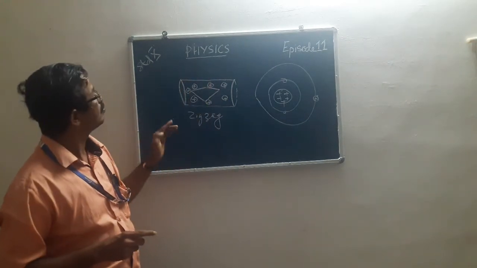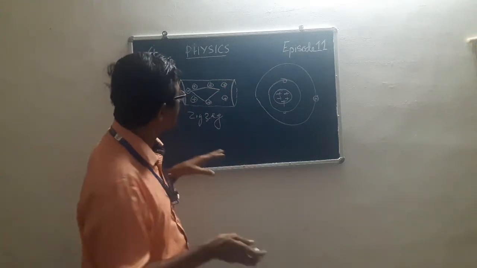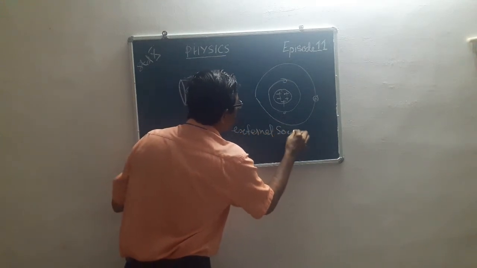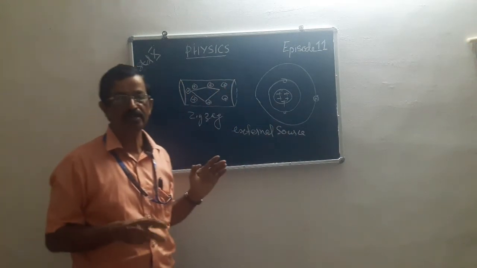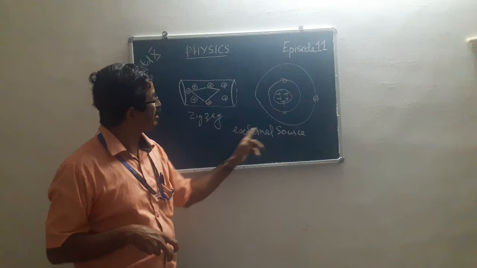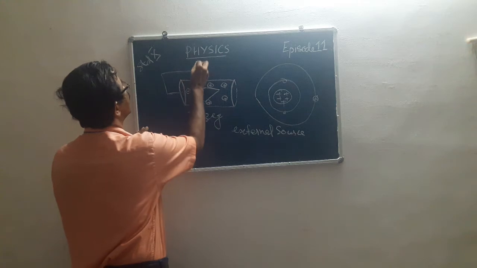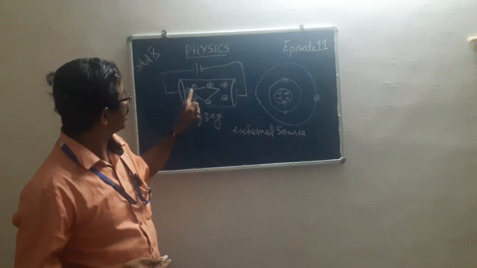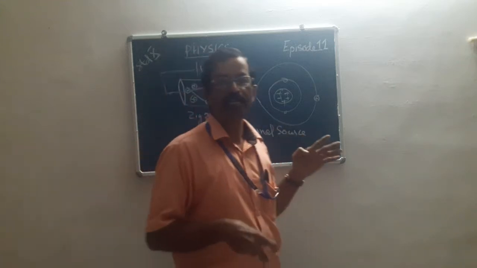But when this metallic conductor is connected to an external source, let us say a cell, then the electrons move as they would in vacuum, that is, as in free space.